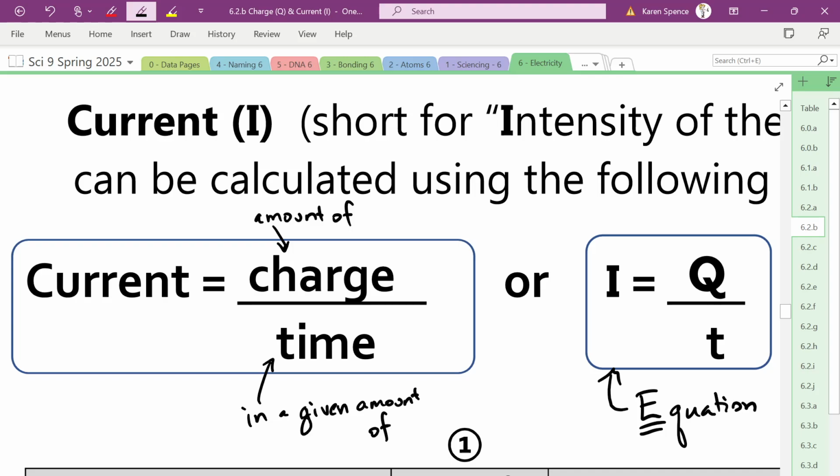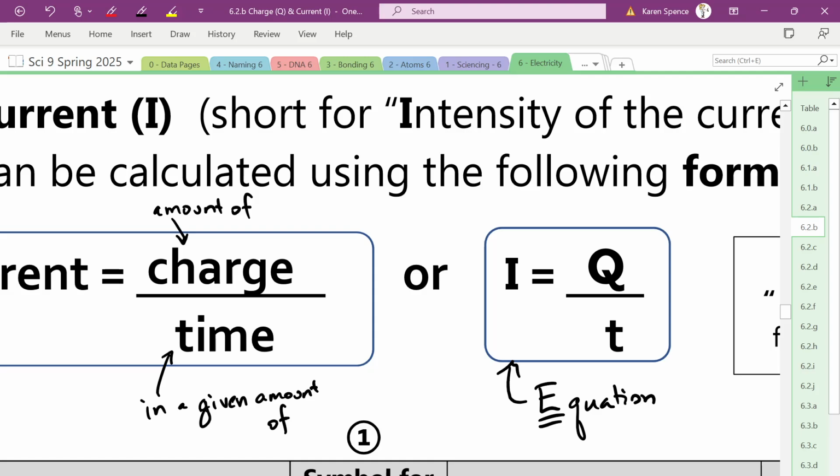And if you're into memorizing this, I call this the I quit equation, okay? And you can be like, I quit, right? Because the Q goes over top of the T. So you say, I quit. I quit. And that's how you can remember it.